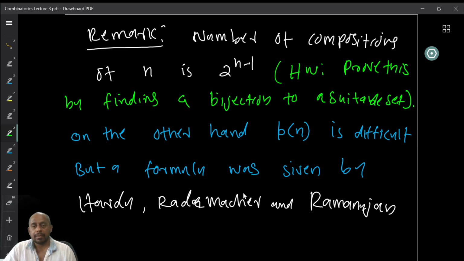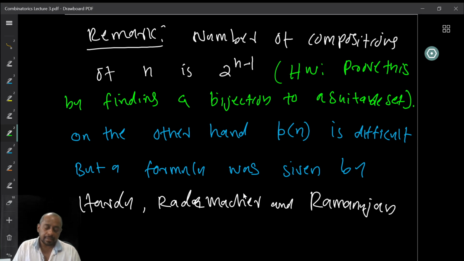Define a set which has exactly 2 raised to n minus 1 elements, and then show that there is a bijection from the set of all compositions of n to that set. That will prove that the number of compositions is 2 raised to n minus 1.